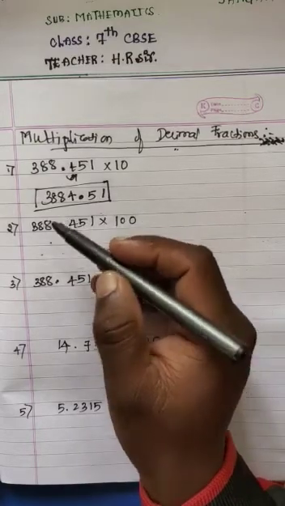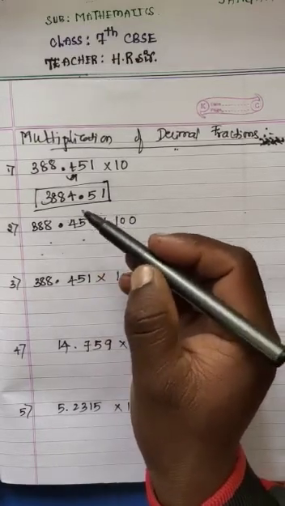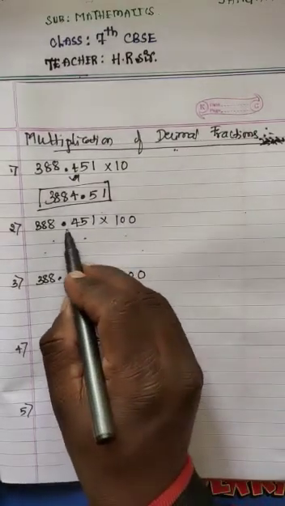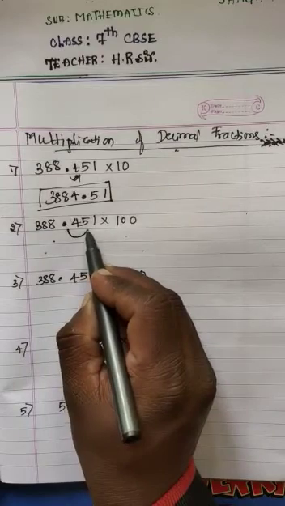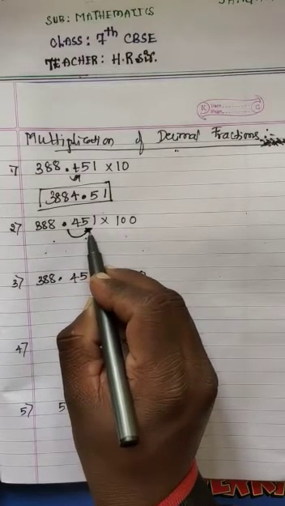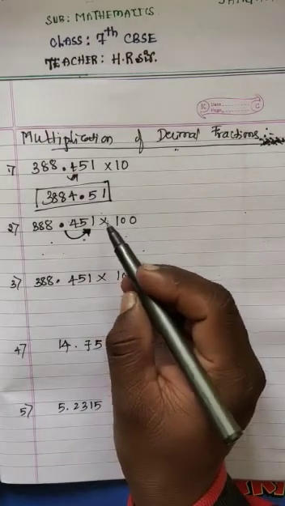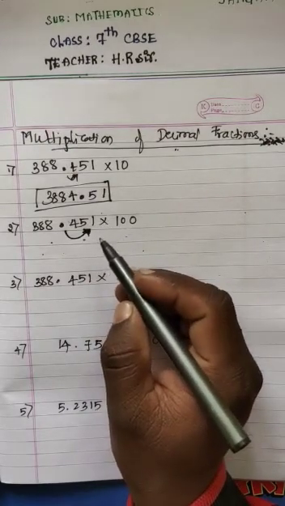For the same example, when we multiply by 100, the decimal point shifts two places to the right in the decimal part.